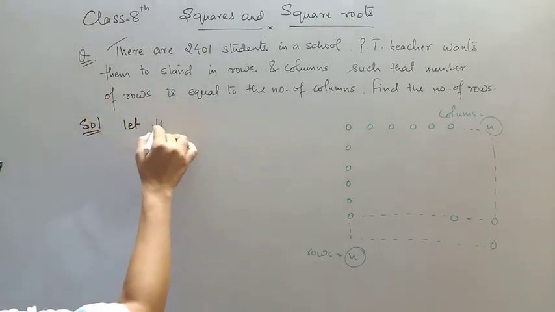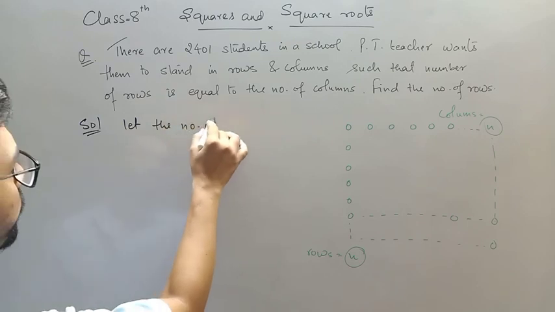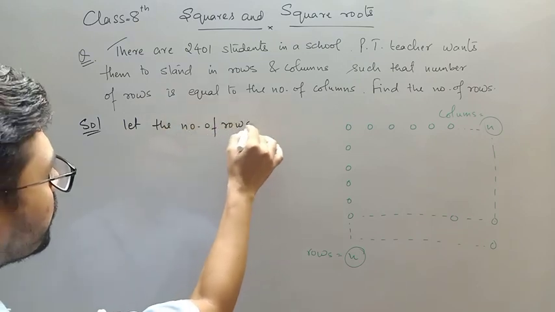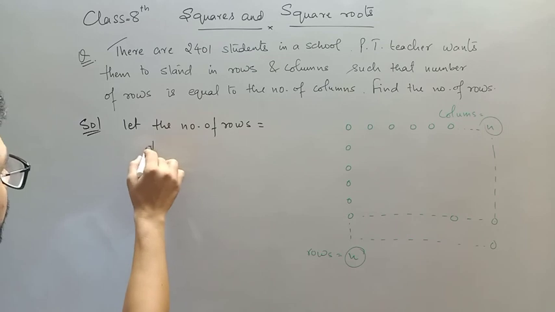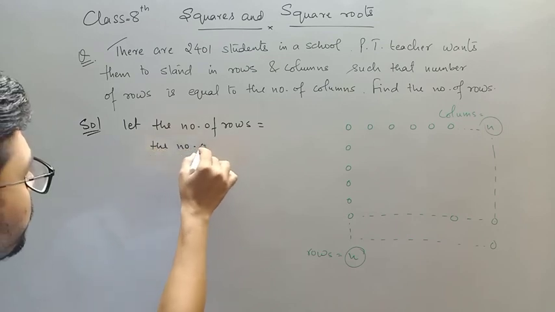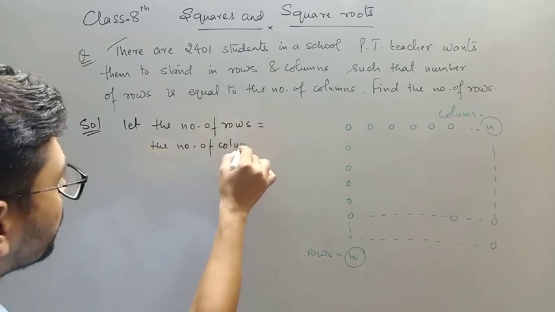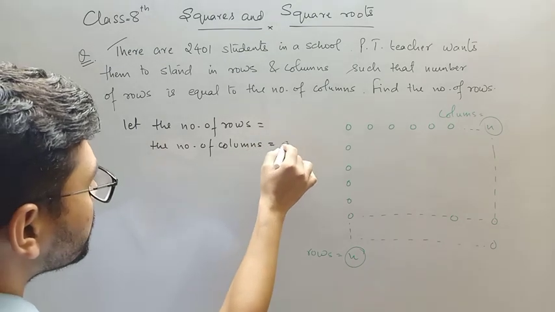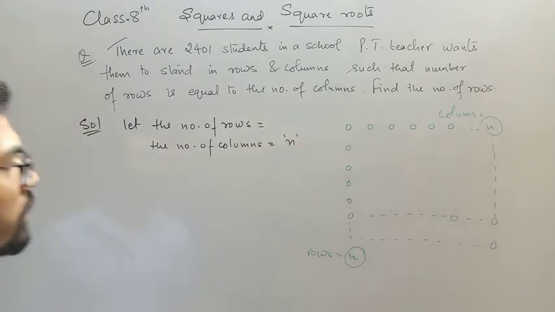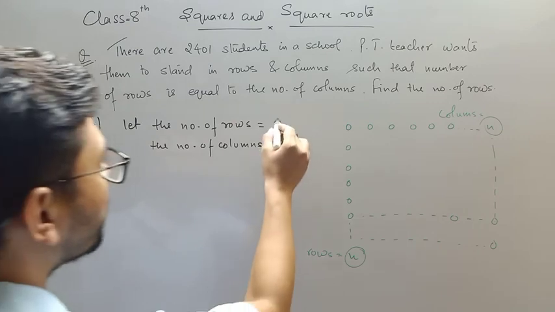Let the number of rows be equal to the number of columns, which is equal to n. So the number of rows is n, the number of columns is n.